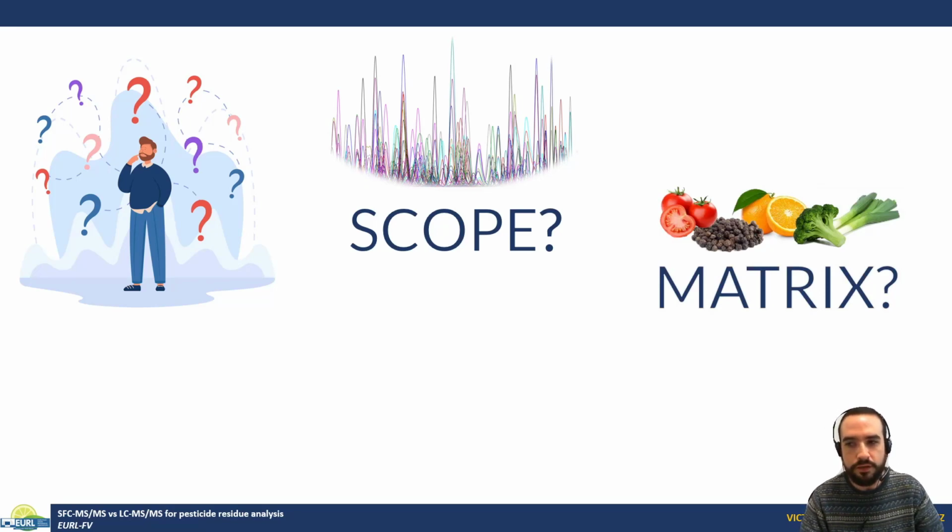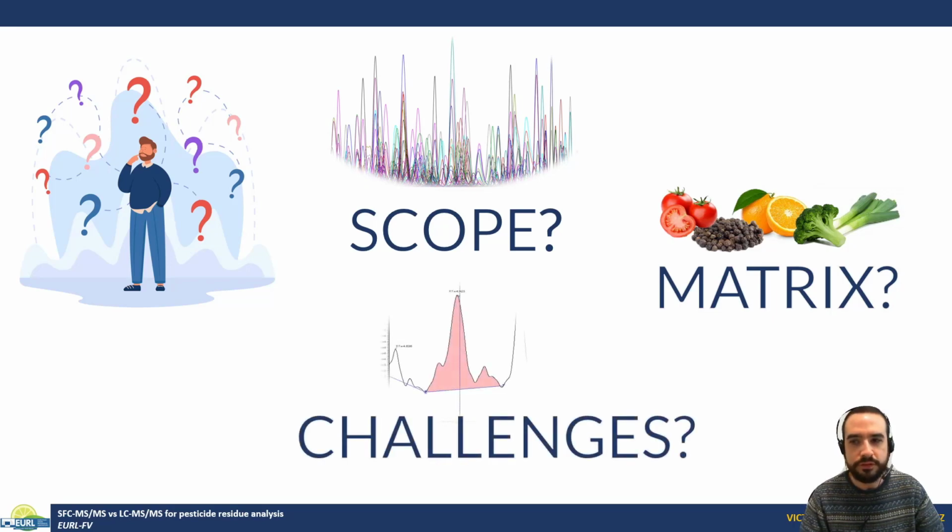Do you have any difficulties with a particular matrix? Do you have performance problems of compounds using LC, carryover, or poor chromatographic quality? Maybe SFC can be the alternative to liquid chromatography that can fix these difficulties.